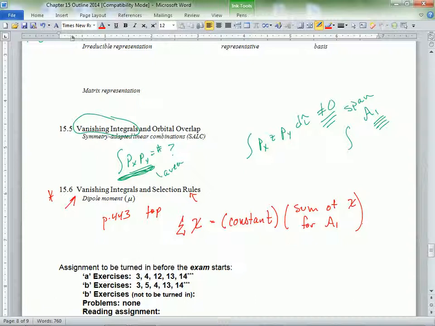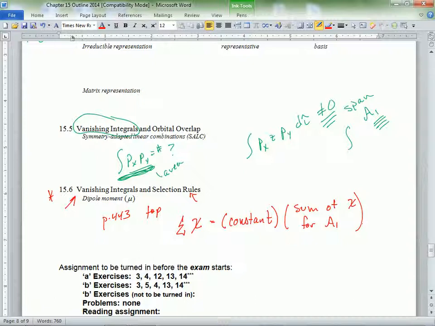Okay, so the big test to determine whether an integral is going to vanish or not, we'll also be able to determine selection rules, is through this. Now the sum of all the characters has to equal a constant times the sum of all the characters for A1. You'll see once we apply it what I'm talking about. I'm just giving you a broad overview right now. If this holds true, then we can say this transition will occur, or this integral will not vanish.